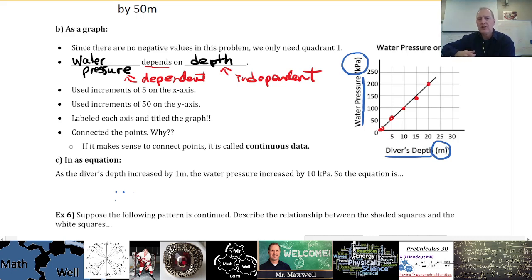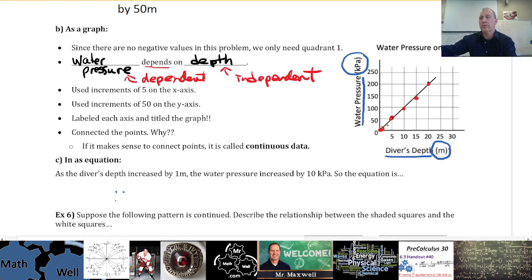Okay, so here's an important thing. The points on this graph, the points that we've plotted in red, are connected with a solid line between them. And we don't do that all the time. There are certain cases where we can connect the points and other cases where the points should remain separate. Now, why is this connected?